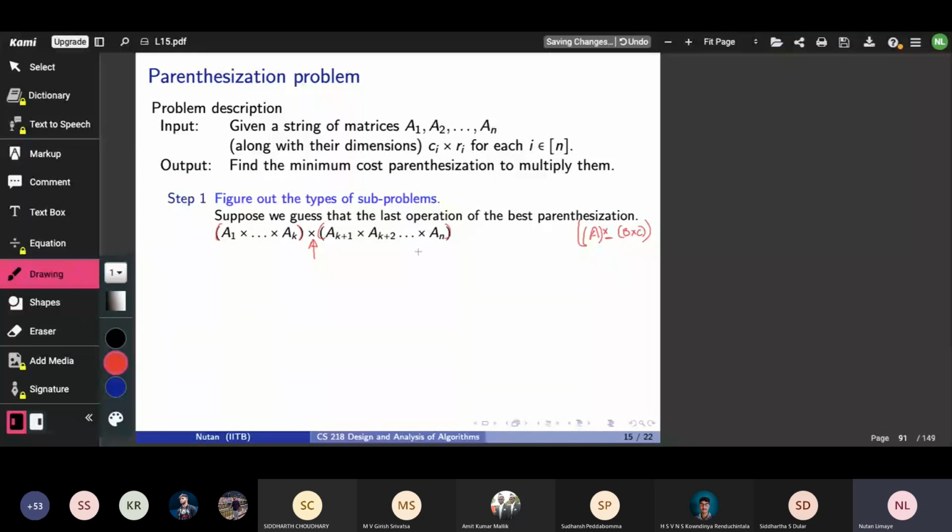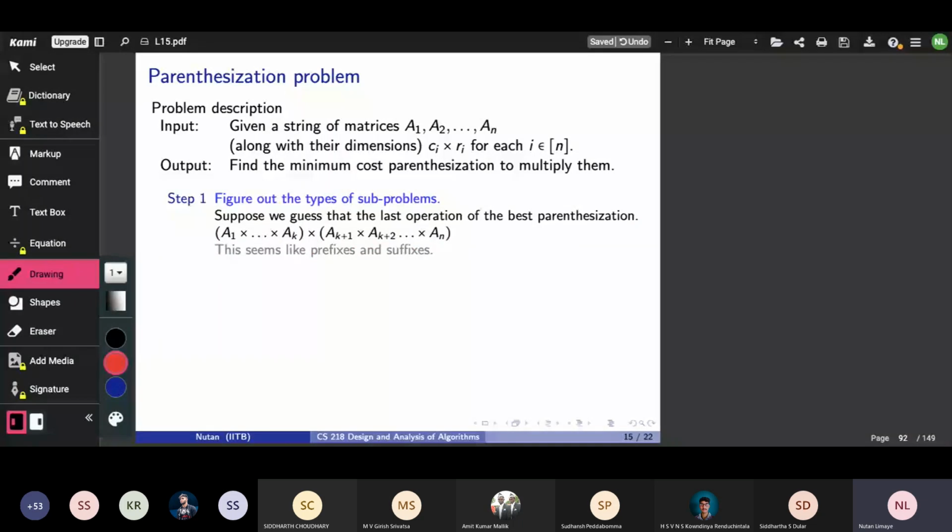Okay, so these two subproblems are in fact the best. Good. If this is the final operation you do, then it's going to be the optimal. So suppose I somehow have an optimal way of computing this parenthesization and this parenthesization, and somebody tells me that the topmost breaking point of this parenthesization is at this kth location, then it seems like I could work with such subproblems.